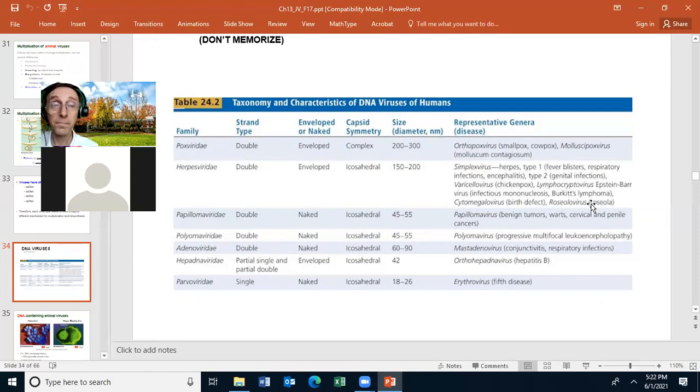And generally, people get it before they're a year old. And it's believed that the parents are shedding the virus and infecting the baby. Of course, it doesn't cause any disease in the parents, but the baby is getting roseola from their parents. All right, let's move on.